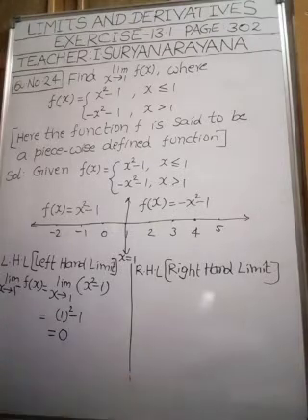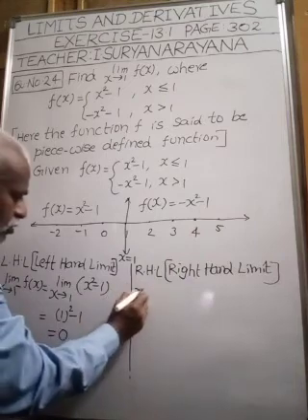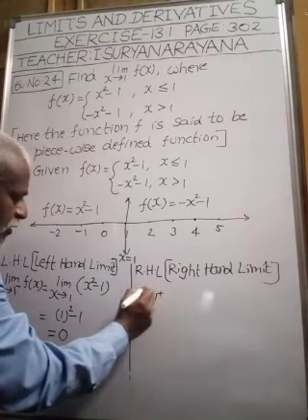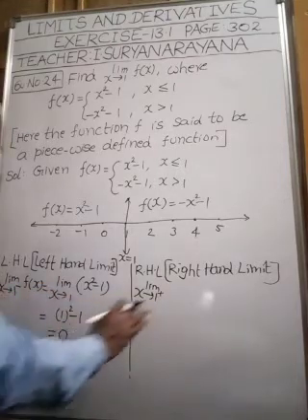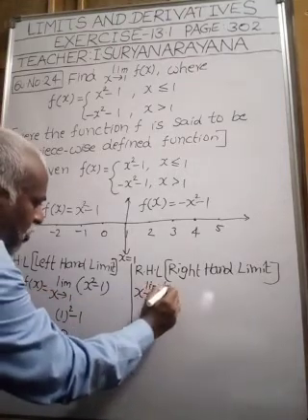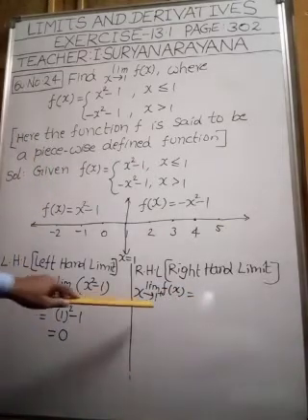Okay, my children. Now come to the RHL, the right hand limit. How do you write it symbolically? Limit as x tends to 1 plus of f of x. Okay, my children. Understood this is the symbolic form.